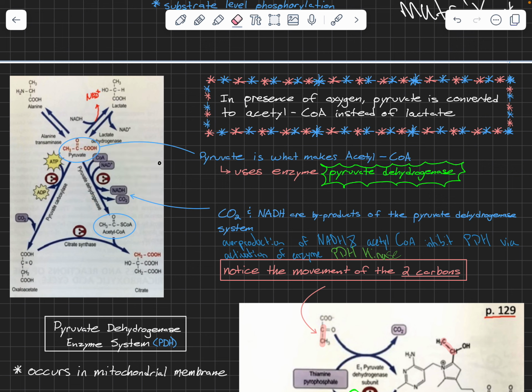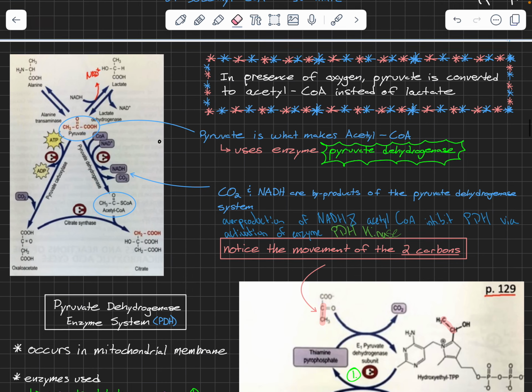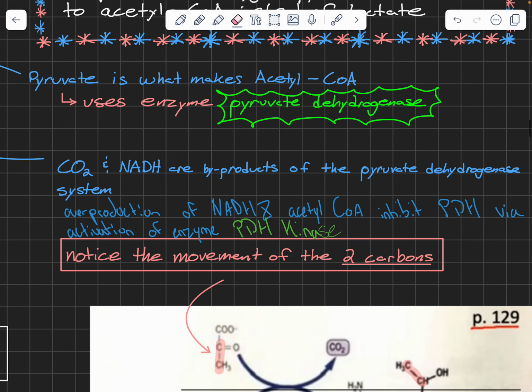What we are going to do is just look at some of the stuff that can inhibit pyruvate dehydrogenase, because it's kind of similar to an allosteric enzyme. Honestly, it might even be an allosteric enzyme. Half the time I don't even know what allosteric means, but what we need to see right here, CO2 and NADH are byproducts of the pyruvate dehydrogenase system.